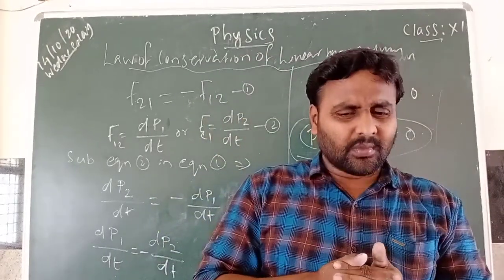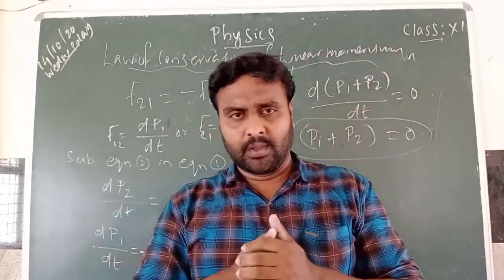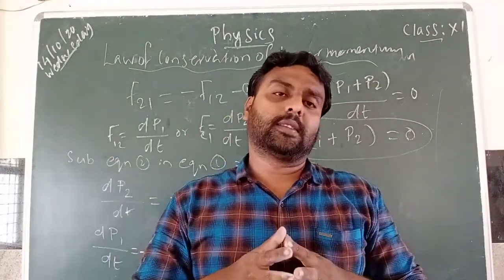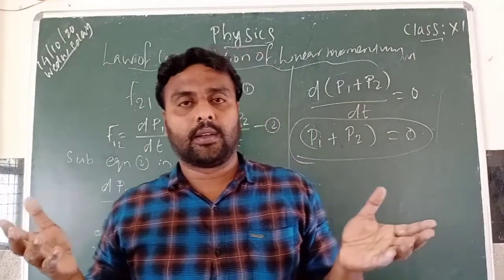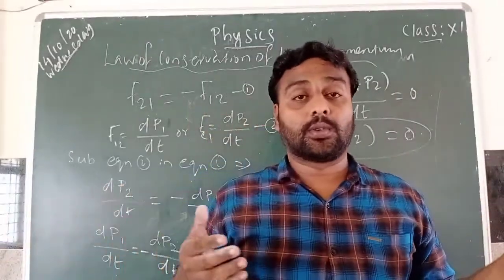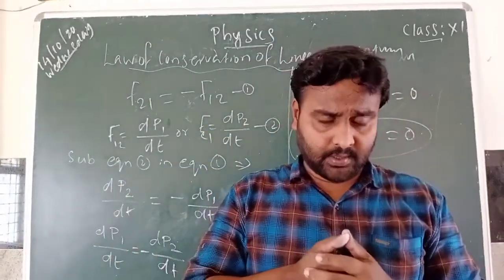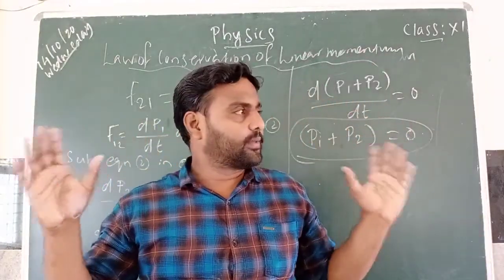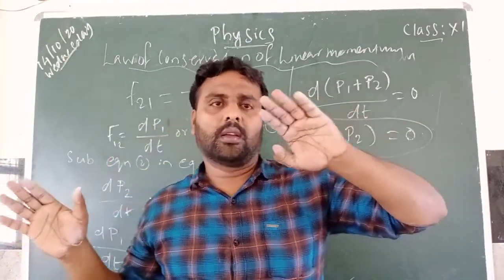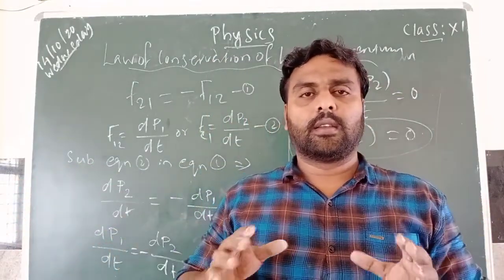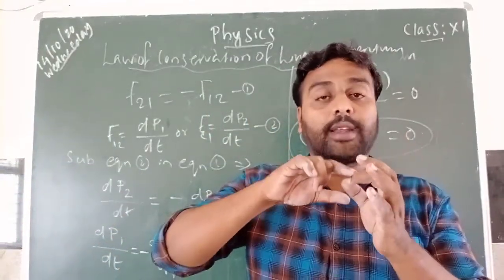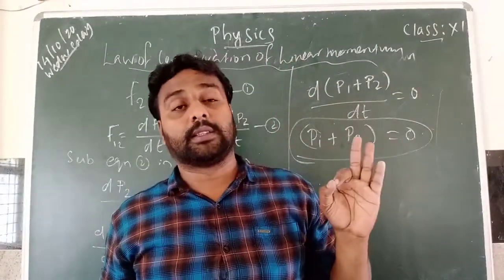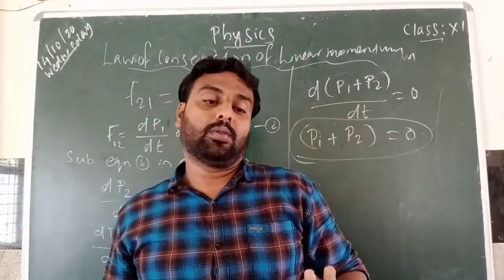The shooting, firing example. You have all seen shootings in many places, in many movies, and in some games also. Here, assume that a gun is firing. During this firing, there is a gun and a bullet. So gun plus bullet is one system. You can see the example on page number 132.